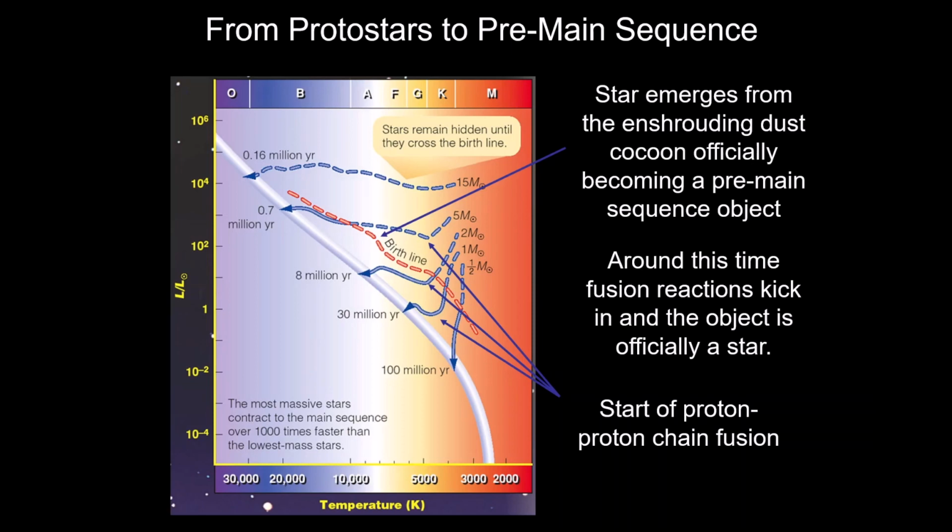It's 30 million years, which is not incredibly fast. Sorry, it is incredibly fast, actually, considering the fact that our sun is going to live, after it's born, 9 to 10 billion years. 30 million years is not incredibly long.